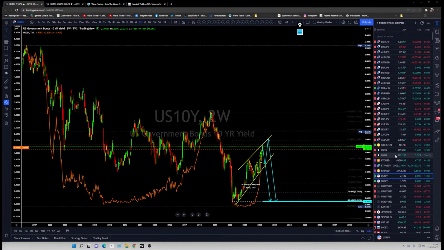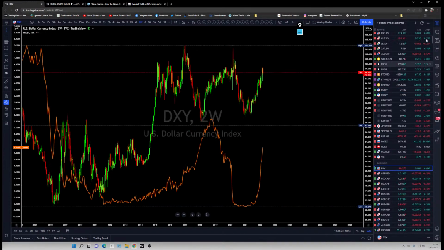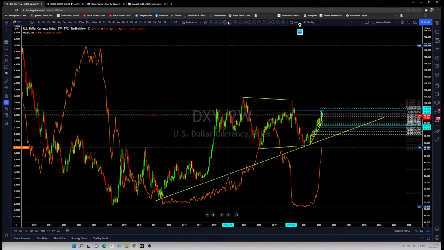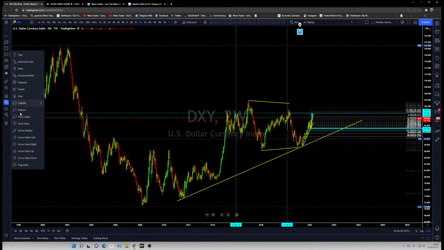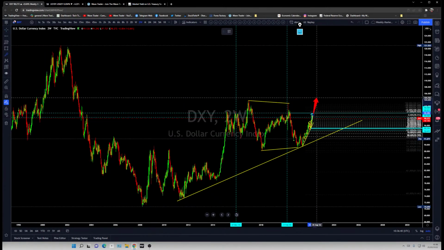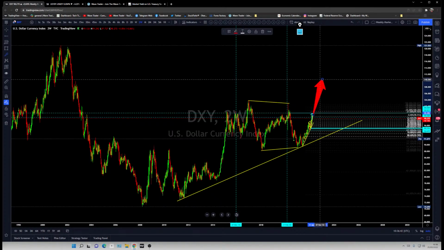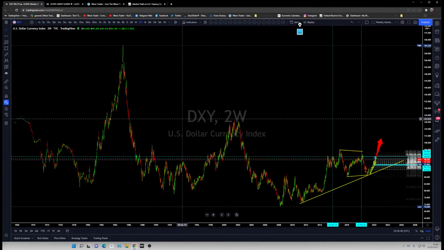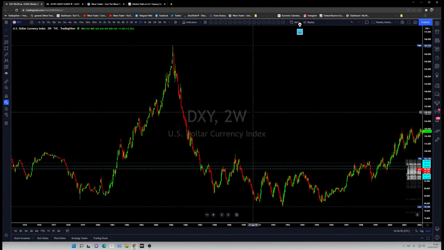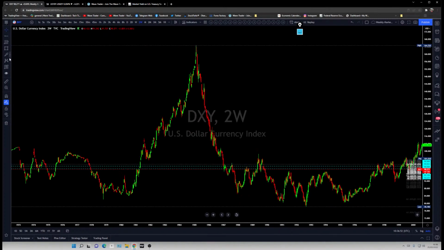Let's go back to the dollar index chart now. Then we may see another leg higher if the Fed is going deep into the yield curve inversion, and their goal is just to bring inflation down. So there is the Paul Volcker era.